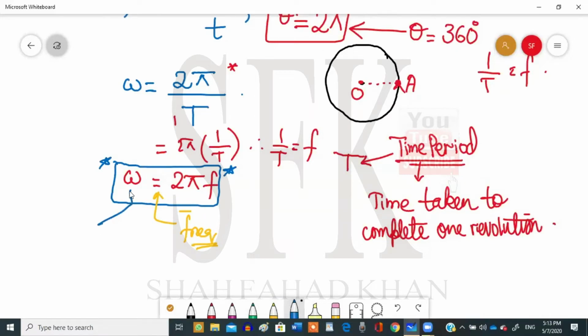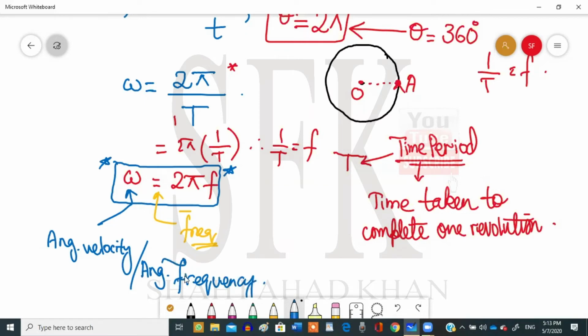Okay, guys, this omega, I told you that this is the angular velocity, right? This omega is also called angular frequency. Sometimes in the past papers they ask you to calculate angular frequency. What did you not get, Hassan?